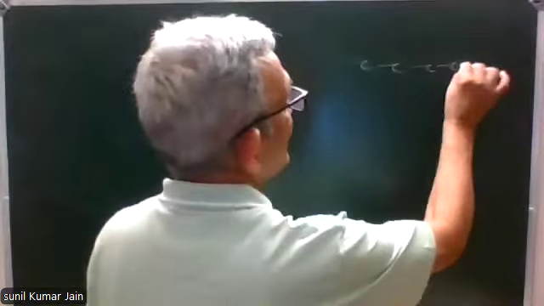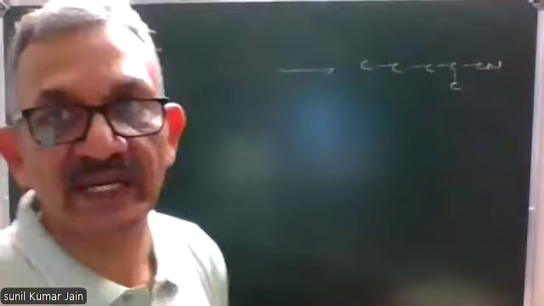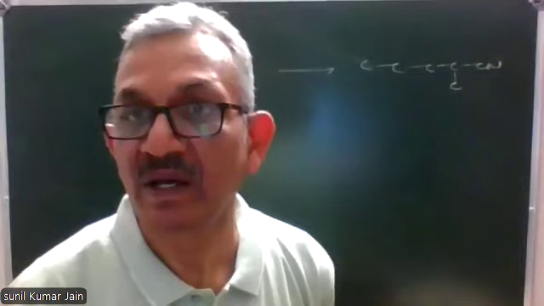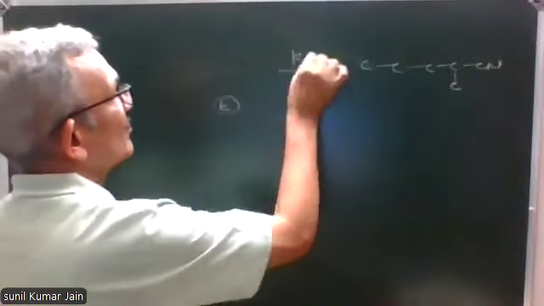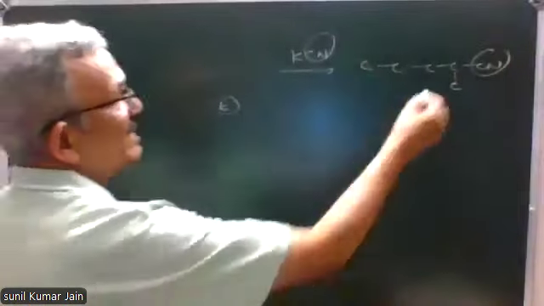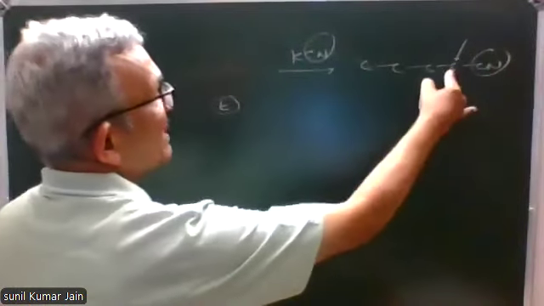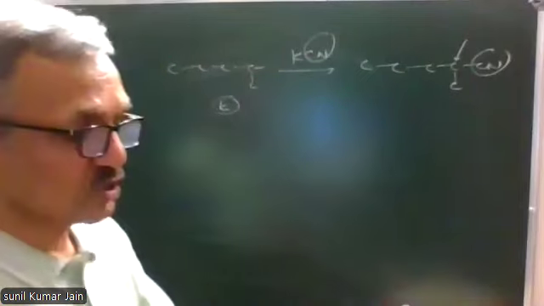Next, third sequence. At the end, we are given 2-methylpentane nitrile. This is formed by the reaction of E with KCN. This CN comes from here. It means halogen should be present here. And what is the halogen present?